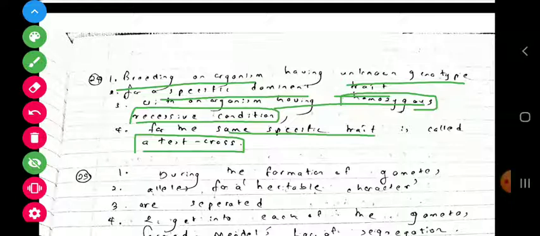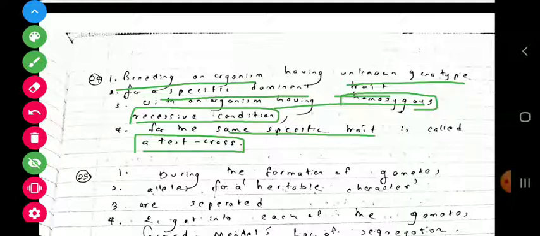If short is a recessive character, it should contain small t alleles, the recessive condition. From this cross, you can find out what the unknown plant is, whether it's homozygous dominant or heterozygous dominant.